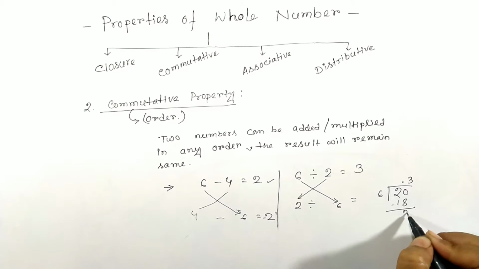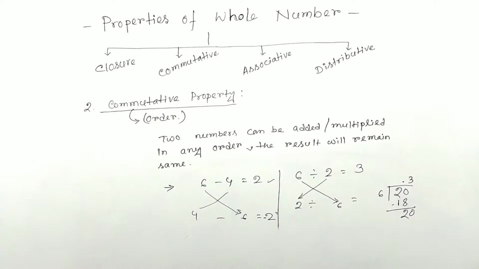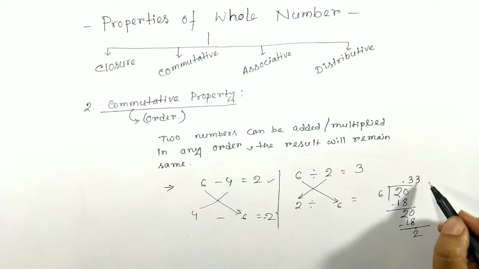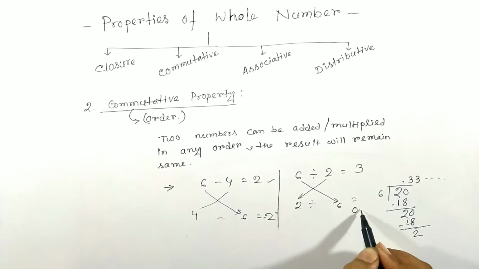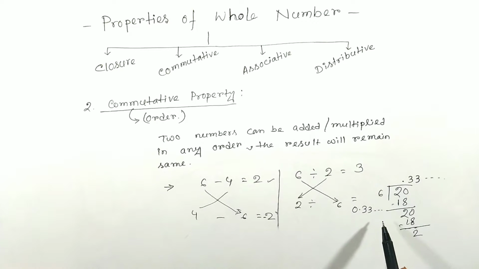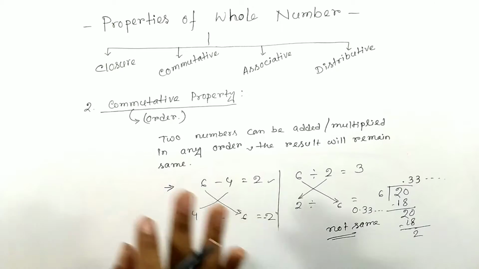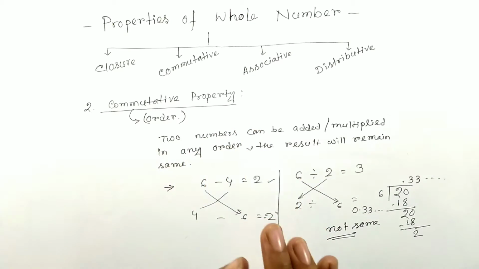Your answer is 0.333, a non-terminating value. So 3 and 0.333 are not the same. That's why subtraction and division never follow commutative property. Even associative, distributive, closure, none of the properties is followed by subtraction or division.